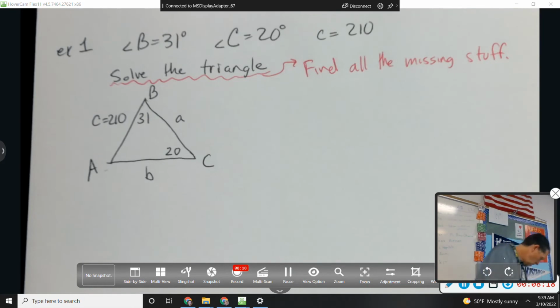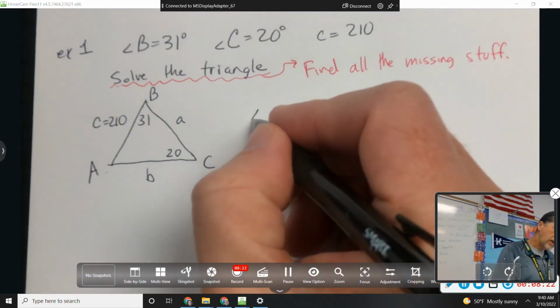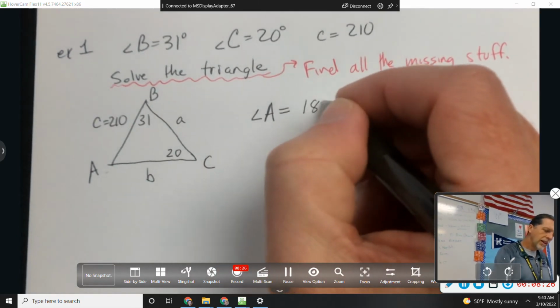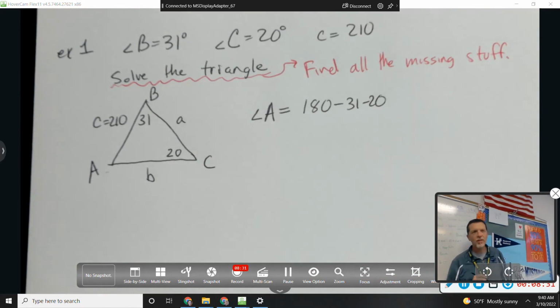The other angle's 129. What did you find first? The other angle. You add the other two and then subtract that from 180. So it's the old 180 rule that you learned in 6th, 7th, or 8th grade. All the angles in a triangle add to 180.